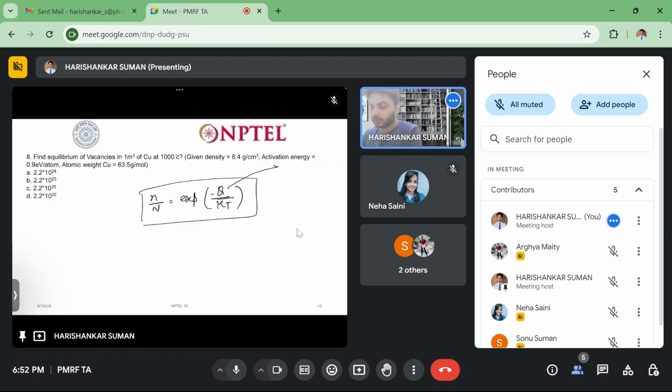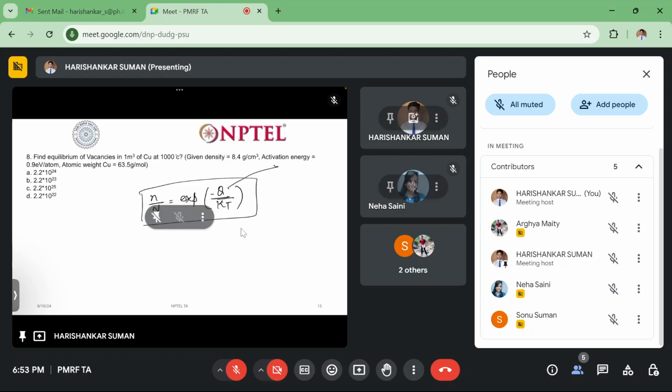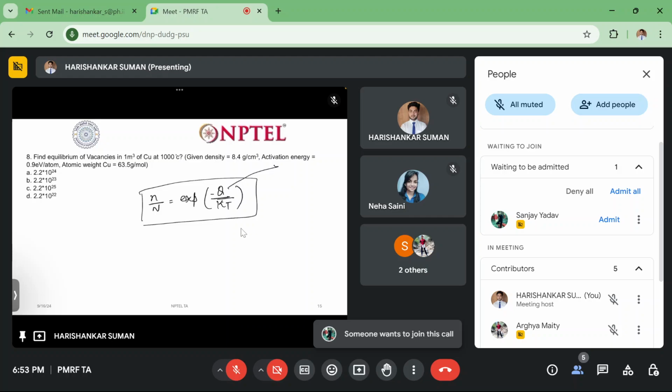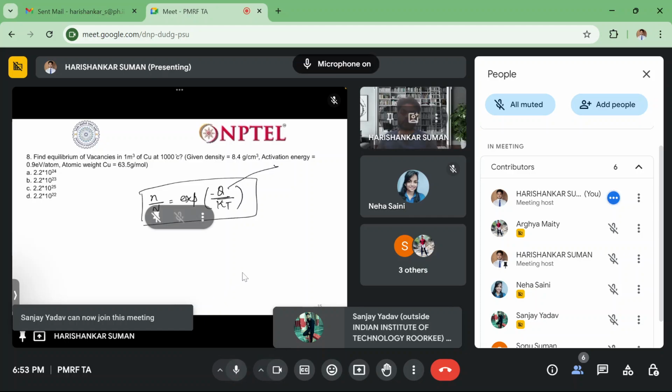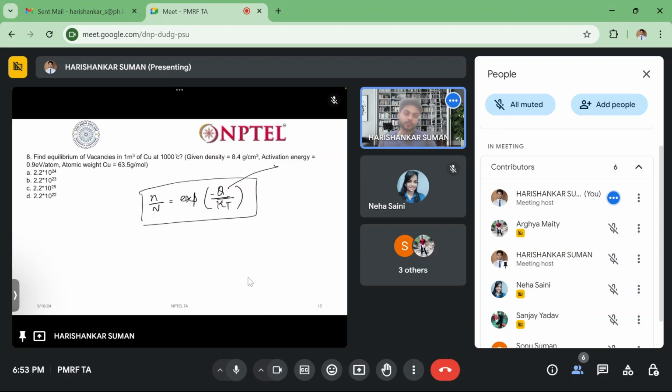Please find the answer. Please apply this formula and find out the vacancies in this question.